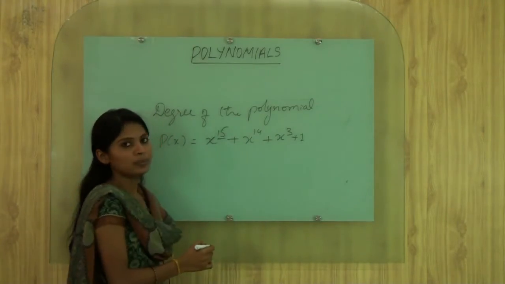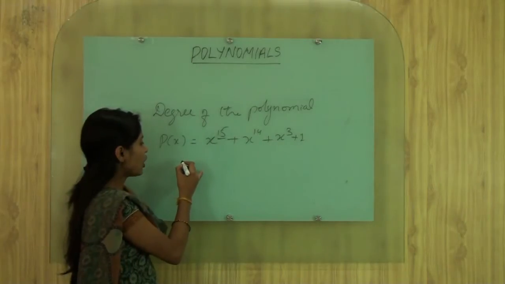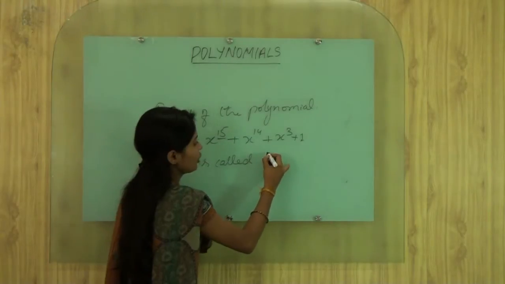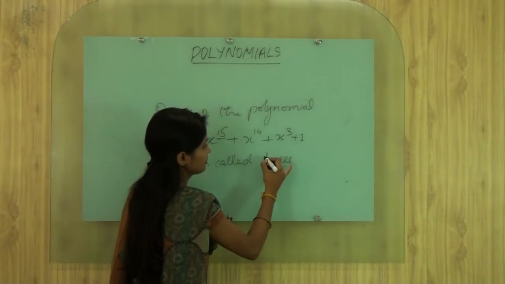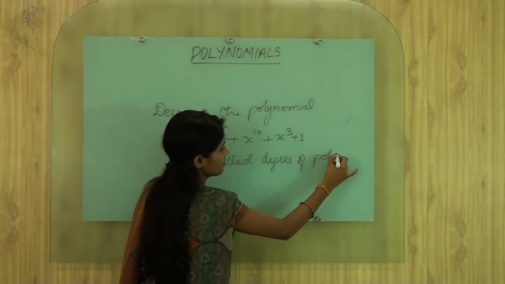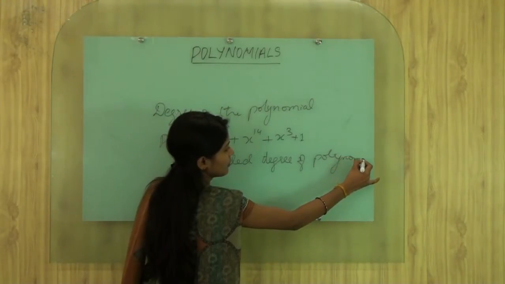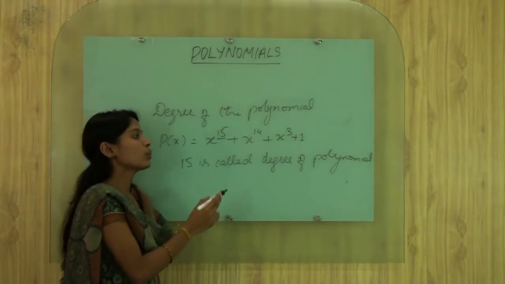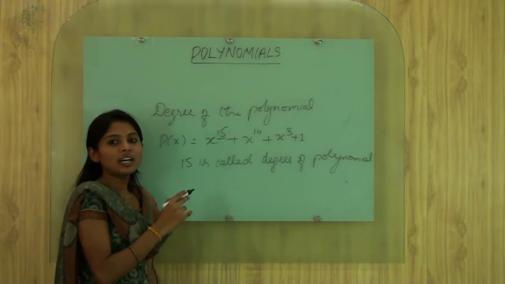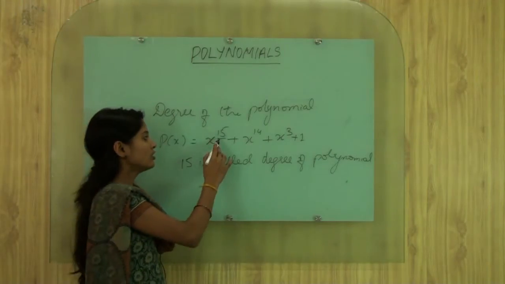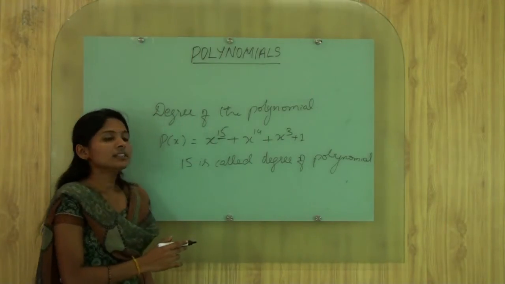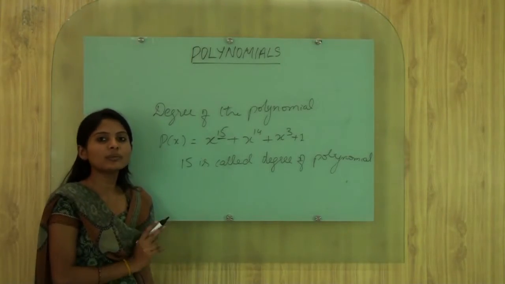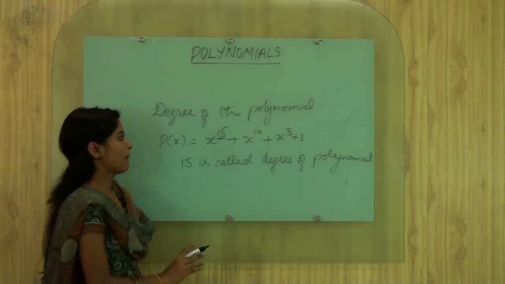That is 15. Therefore, 15 is called the degree of the polynomial. The highest exponent of the polynomial is called the degree of the polynomial.